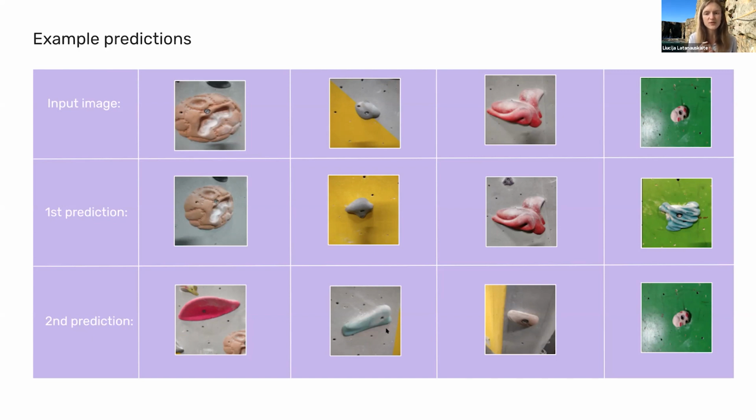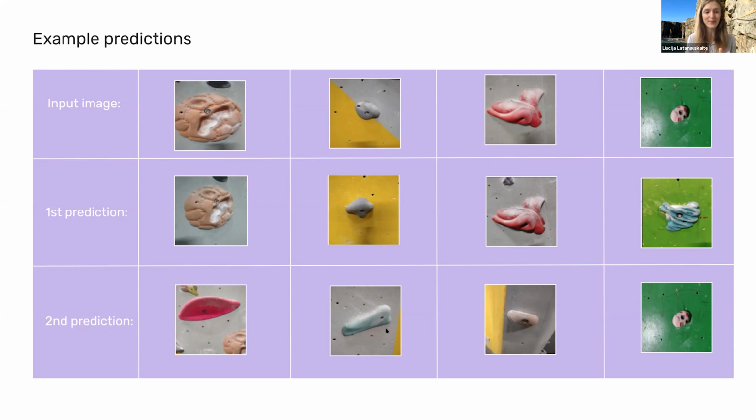The third one is kind of straightforward, even though there is that extra hold visible in the photo, which is not ideal, but the model didn't get confused. And the last one is an example where it did get it wrong on the first prediction, perhaps because of the color, but for the second prediction, it still got it right. So at least the second prediction is good, and perhaps we can show that to the user.